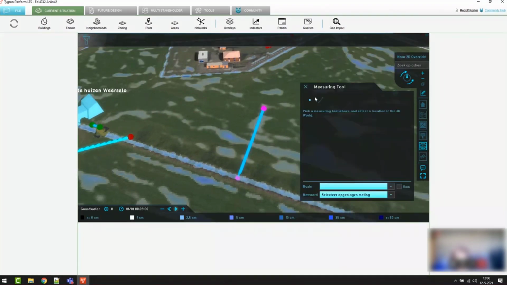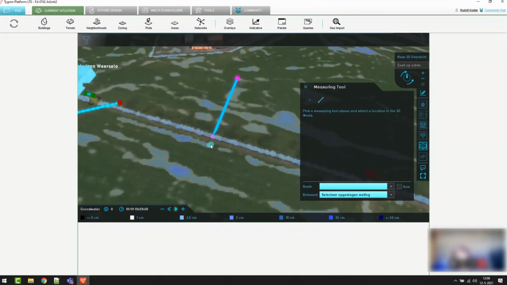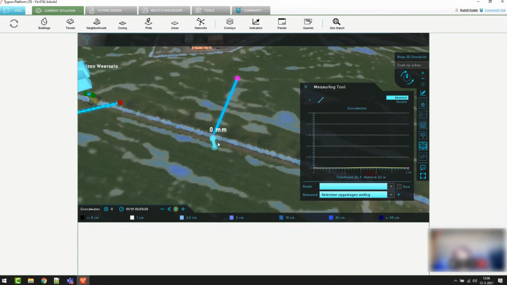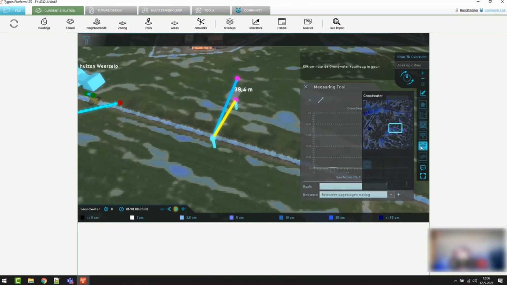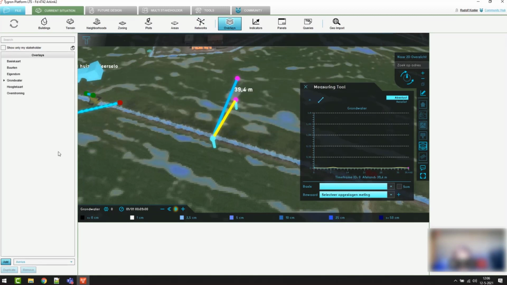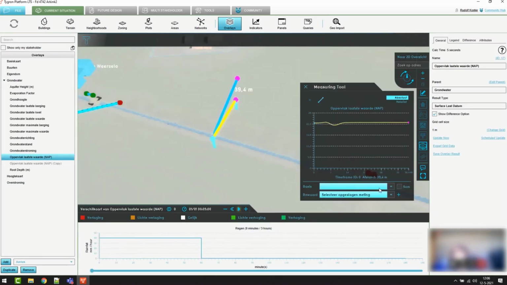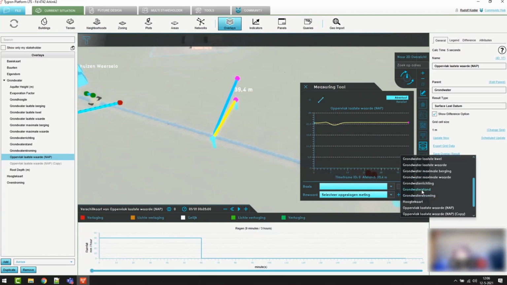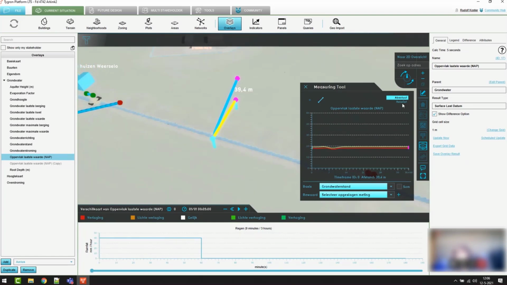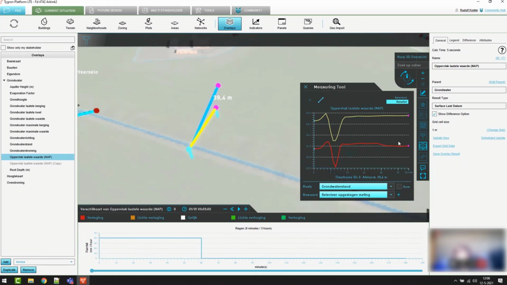There we go. Redraw. I select the surface loss value relative to datum again. I select the groundwater table again. I showed in relative mode because then the differences are more pronounced where they need to be.